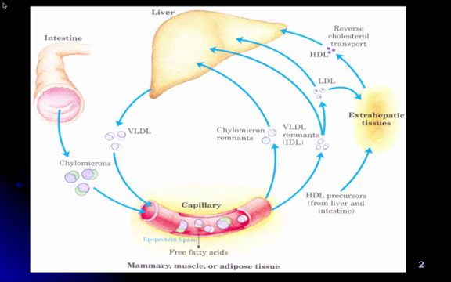So we know over here that when you consume dietary lipids, they are incorporated into chylomicrons in enterocytes, and the chylomicron then goes into the lymph and then into the blood. It then goes through the blood in capillaries and tissues, and that's where it interacts with lipoprotein lipase, and that enzyme hydrolyzes the triglycerides into fatty acids and glycerol.